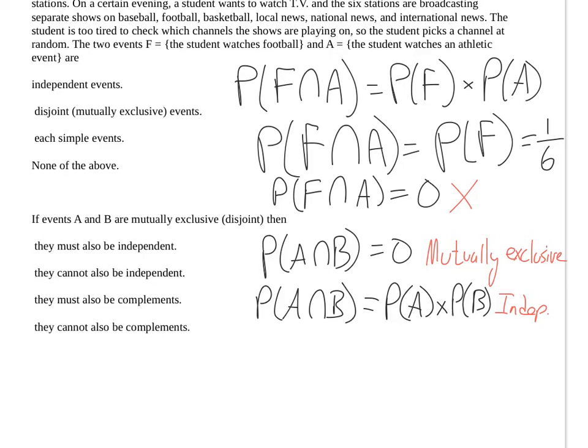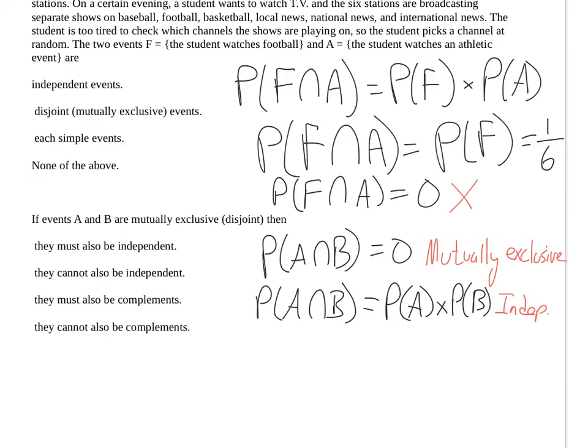Alright, well, as we saw in the problem above, if they're mutually exclusive, then they must not also be independent, right? We see that here. So it's something that should be noted here is that the problem does assume that both of these events have a probability of occurring.